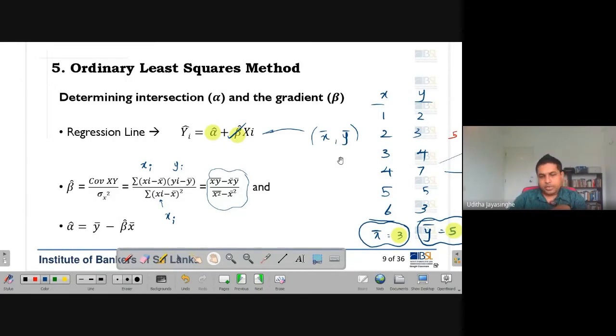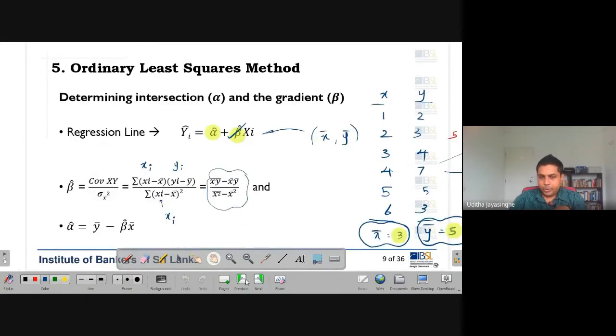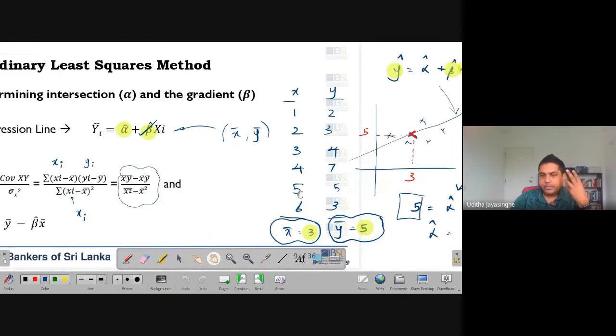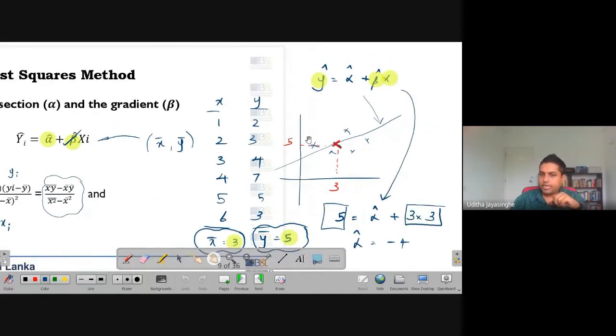So are these assumptions going to be somewhat fictional? I would say no. Why? The fact is that the OLS, the ordinary least squares method, assumes that we are going to find the best fitting line, the optimum line, to minimize the distances between the actual values and the values that we calculate from the equation.